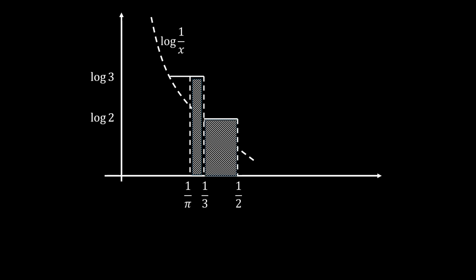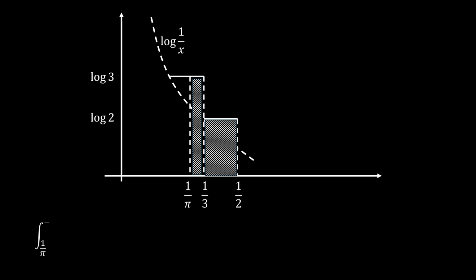So what you can see is we have two rectangles, one of which has width 1 over 3 minus 1 over pi, and the other with width a half minus 1 over 3. And obviously the height is log 3 and log 2 respectively.